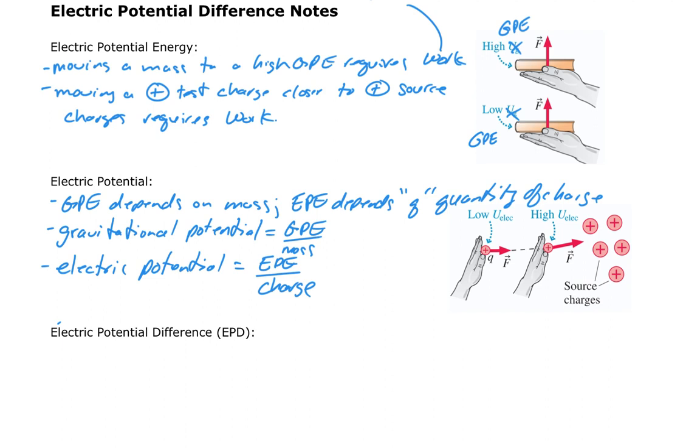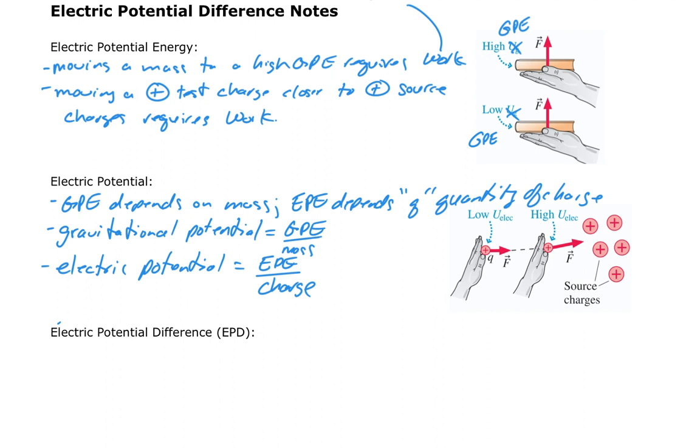Similarly, with electric potential energy and electric potential, we need to define a location of 0 potential. What we're normally going to see in a circuit is one area where we have the lowest electric potential, and that's where the idea of electric potential difference comes in. When we are measuring electric potential, we're really measuring an electric potential difference.